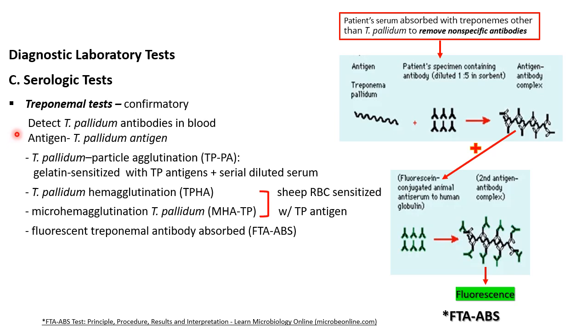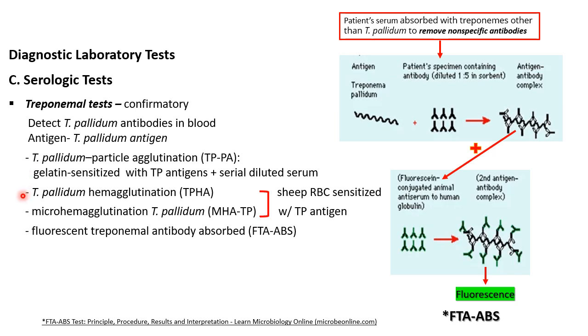Examples are the following. We have the Treponema pallidum particle agglutination, or the TPPA. Here, gelatin sensitized with the Treponema pallidum antigens is made to react with serially diluted serum from the patient. This will allow the determination of the antibody titer against Treponema pallidum.